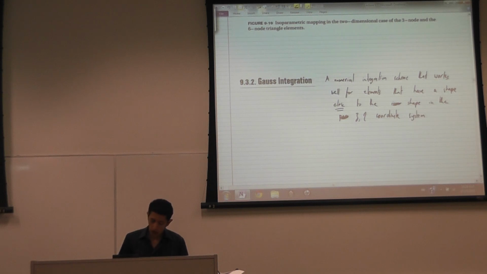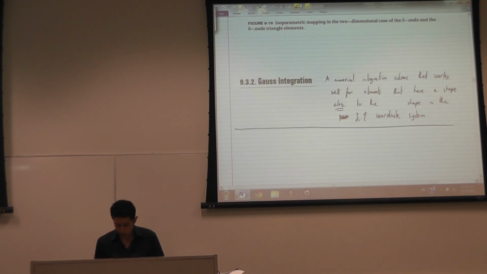Let's understand the Gauss integration in one dimension first, and then extend it to our elements.